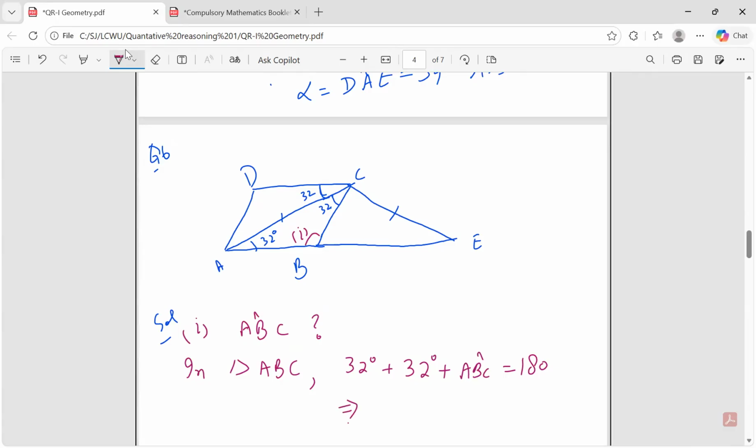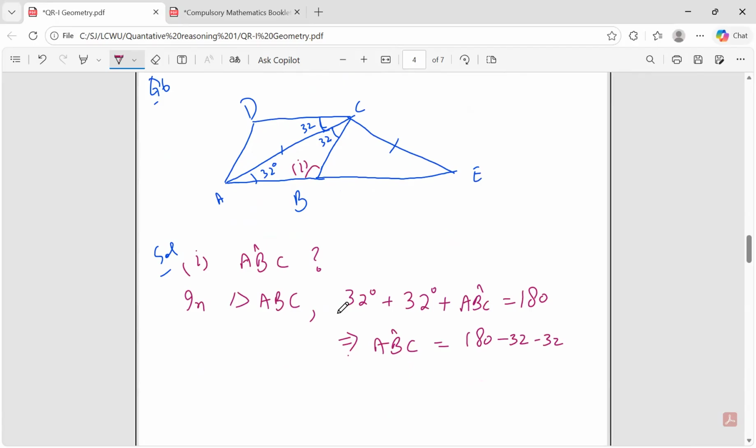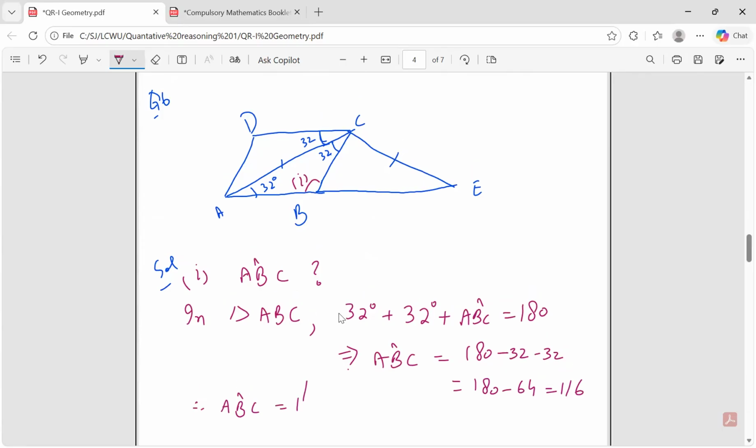From here, angle ABC is equal to 180 minus 32 minus 32, which is 180 minus 64, equal to 116. So the answer of the first case is 116.